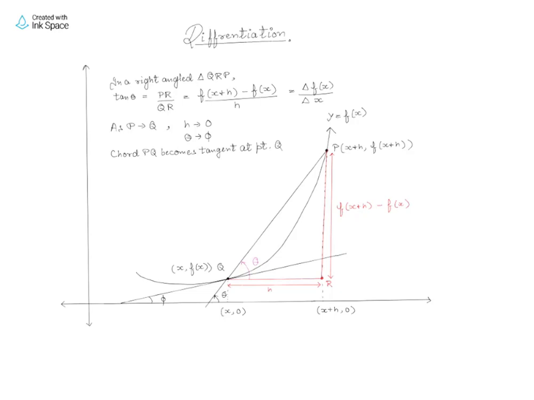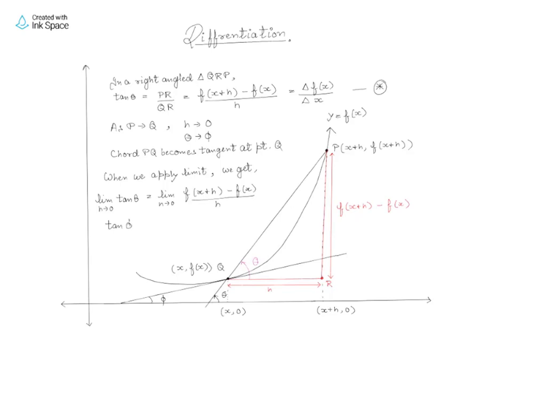So when we apply the limit h tends to 0, we can write tan theta as tan phi. So let's write it down. We are applying the limit on the above equation. So we are getting limit h tends to 0 tan theta, which will ultimately become tan phi, and limit h tends to 0 of f(x plus h) minus f(x) upon h.